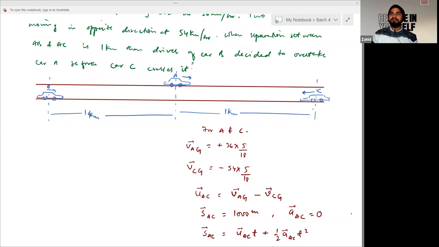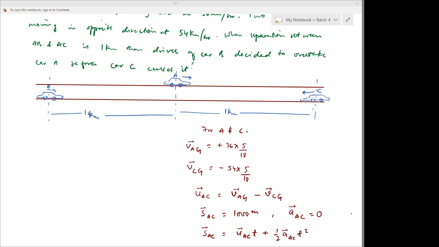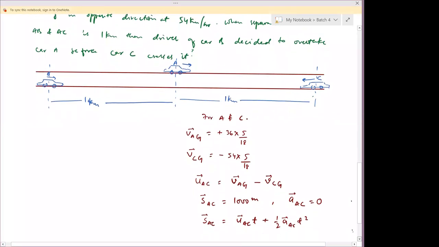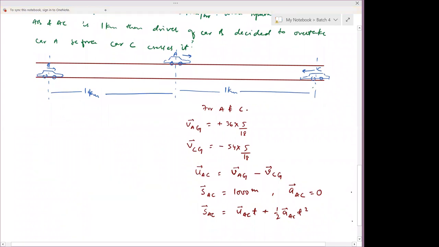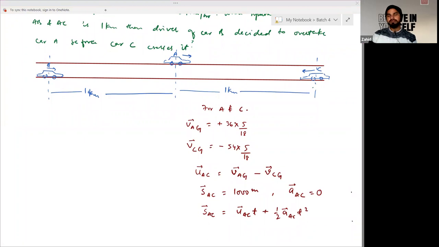Good. Razan, just check your calculation. Velocity of A with respect to ground will be 10 and it will be 15.